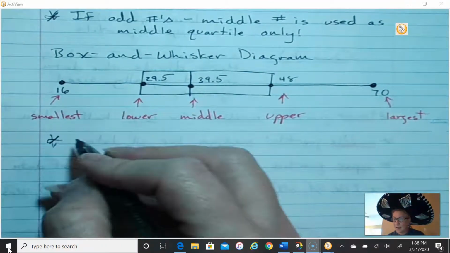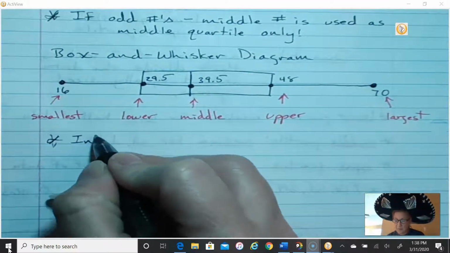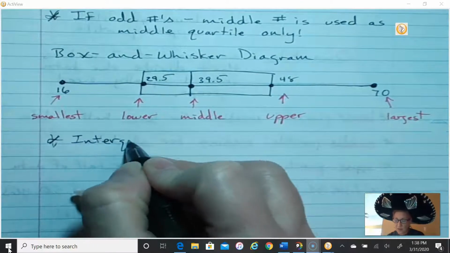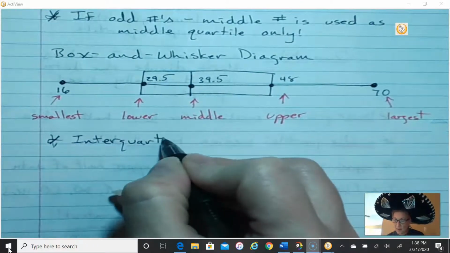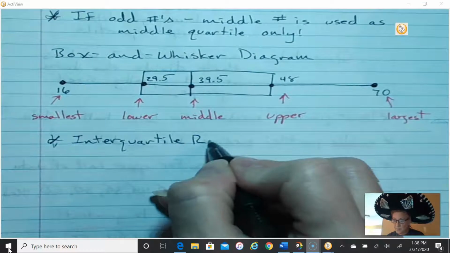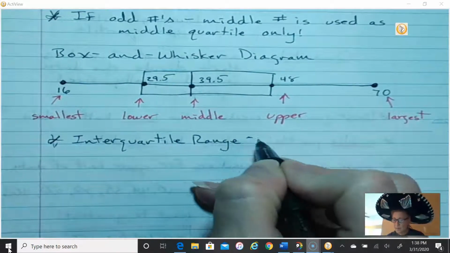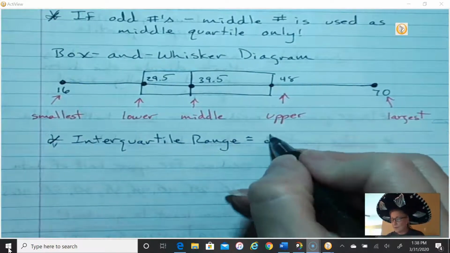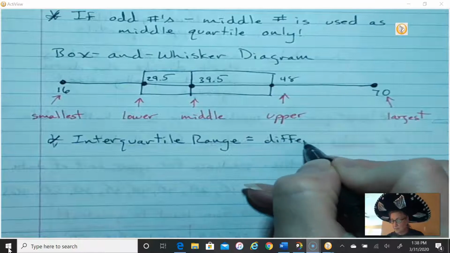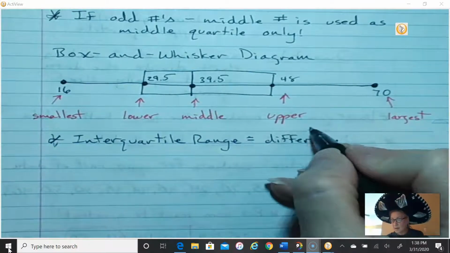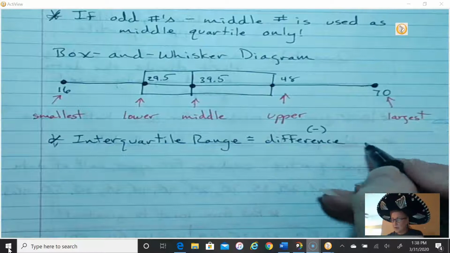All right, and then the last part of this section would be interquartile range. That is the difference. What does difference mean again? Subtraction.